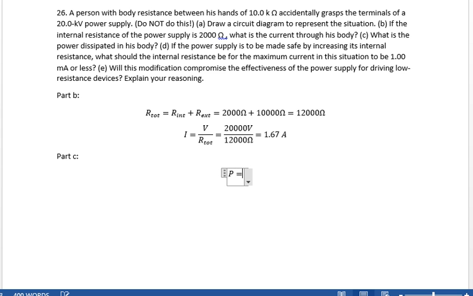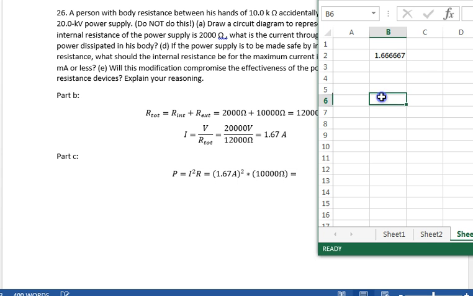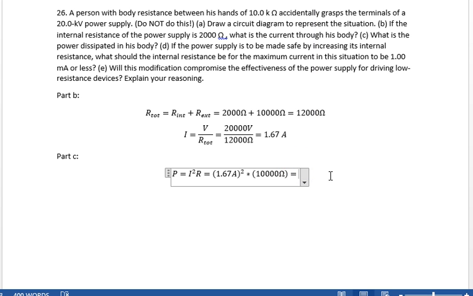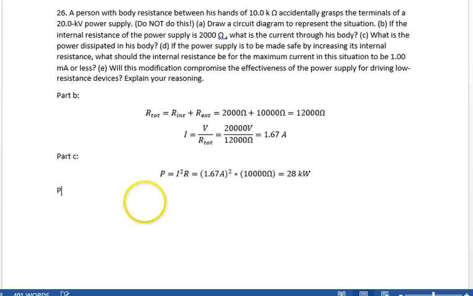Well, power is going to be, we're going to go with V squared, nope, I squared R. So we have 1.67 amps squared times the resistance of the person, which is 10,000 ohms. 1.67 squared times 10,000 is 27.889 kilowatts, or 27,889 watts. I'm going to call it 28 kilowatts. All right, 28 kilowatts.